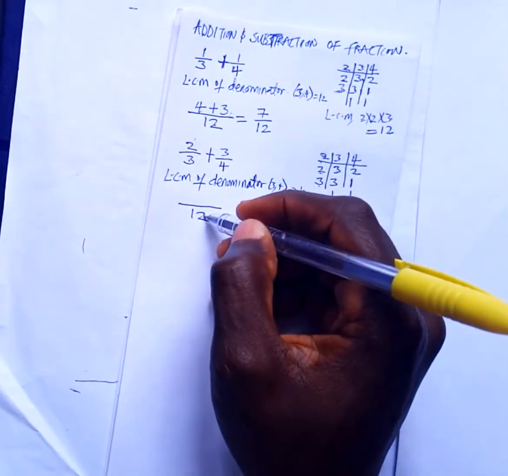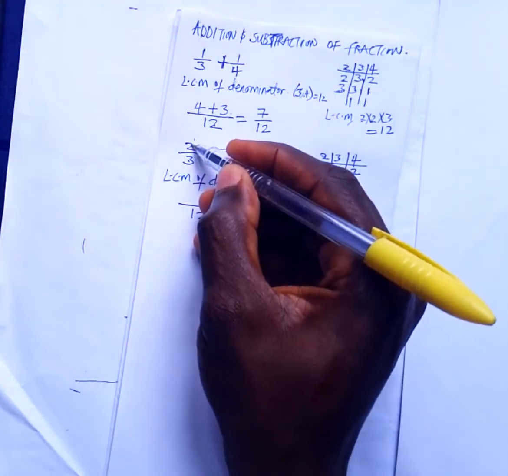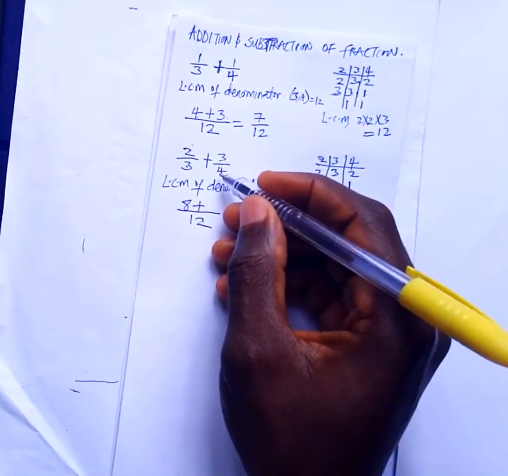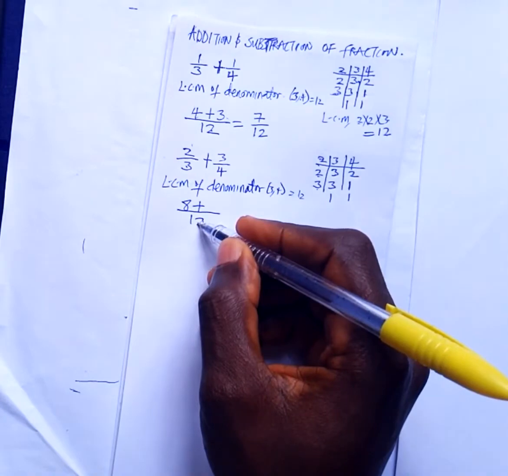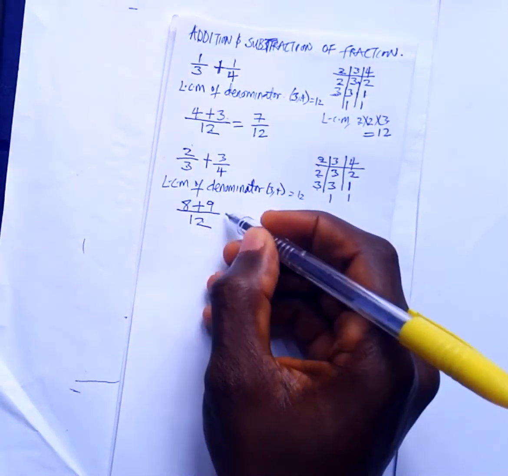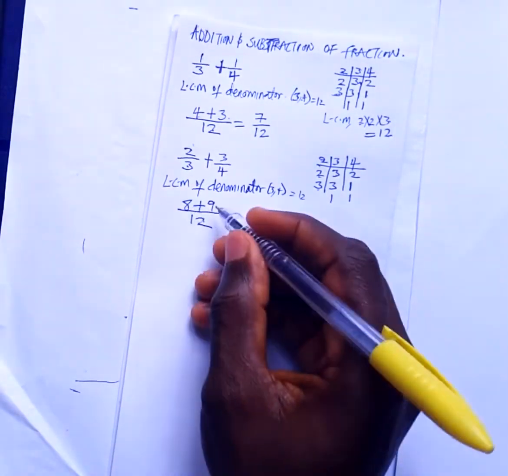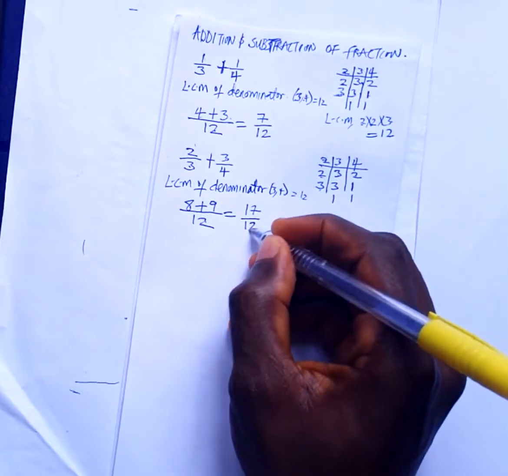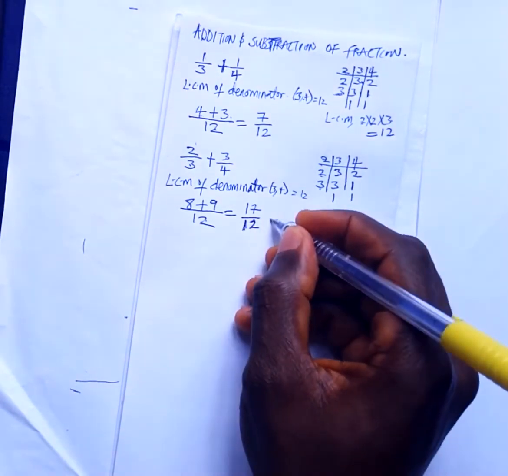3 in 12, 4. 4 times 2, 8. We write our 8. Plus 4 in 12, 3. 3 times 3, then we have our 9. 8 plus 9, we have 17 over 12. Wow, this is an improper fraction.